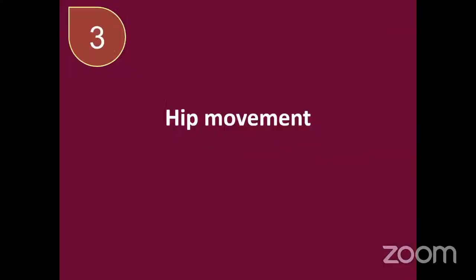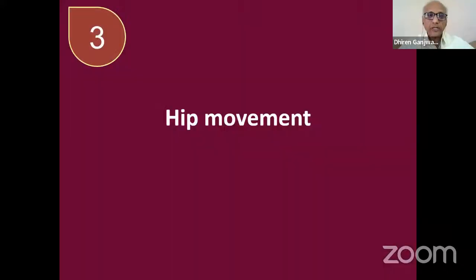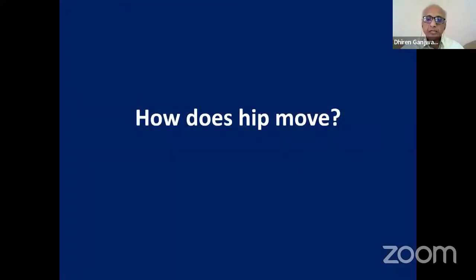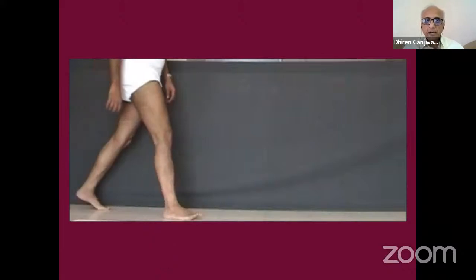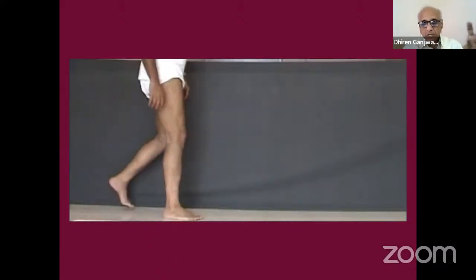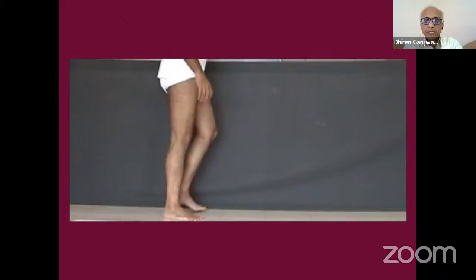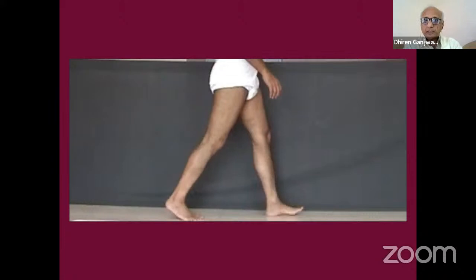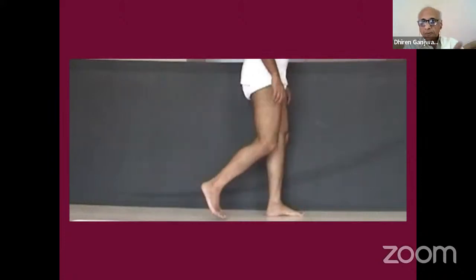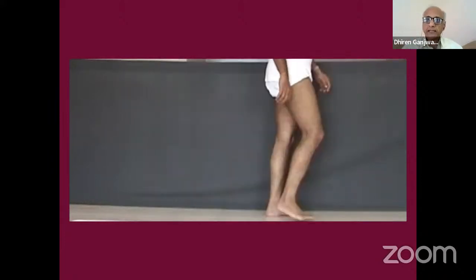Okay. So now we come to the third component, and that's hip movement. It's very easy to understand hip movements if we look at how the hip joint moves. It starts with flexion, then there is an extension taking place, and again from that position it's flexing.